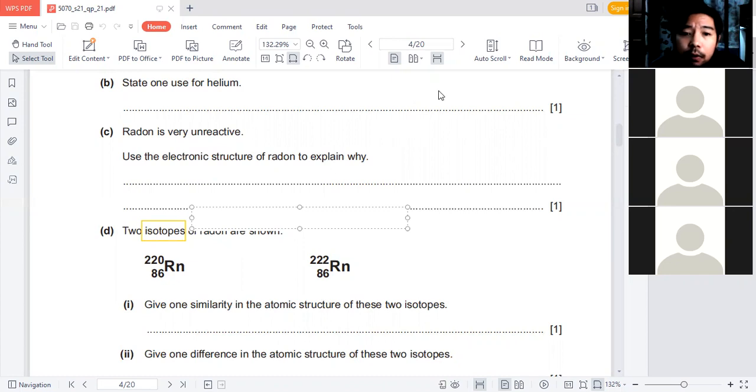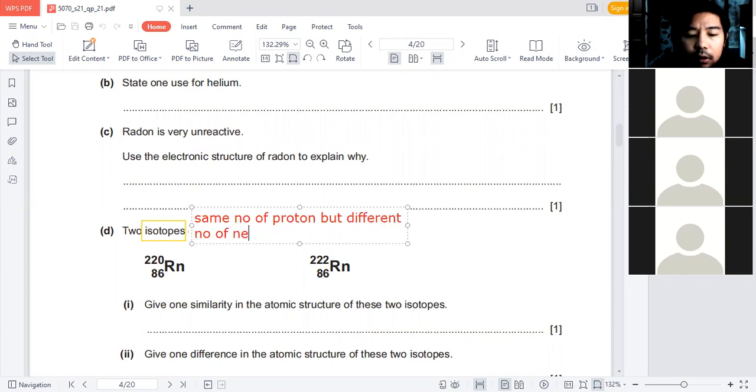So now for isotopes, the same number of protons, but a different number of neutrons.